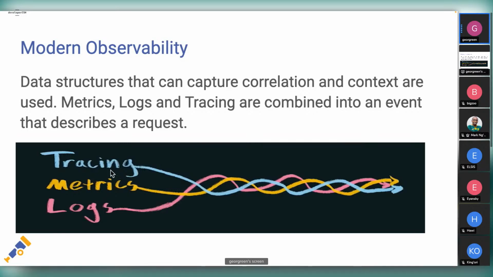So in modern observability, if you are able to produce a data structure called an event that has these three things, they claim this will save you a lot of time when you are trying to find out what happened. Instead of trying to collect all the data that happened in a request, if you store your telemetry in this manner, all of this data is usually in one place already.